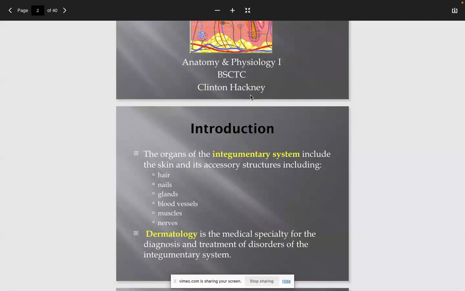The study of the skin is going to be covered by dermatology. So if you've ever been to a dermatologist, dermatologists are a group of specialized physicians who are responsible for diagnosing and treating disorders related to the integumentary system. They deal with different things, whether it be rashes, different cancers, squamous cell carcinoma, basal cell carcinoma, or melanoma.